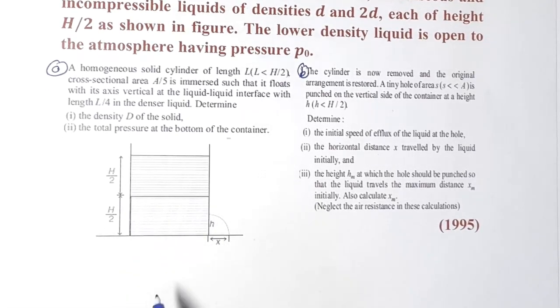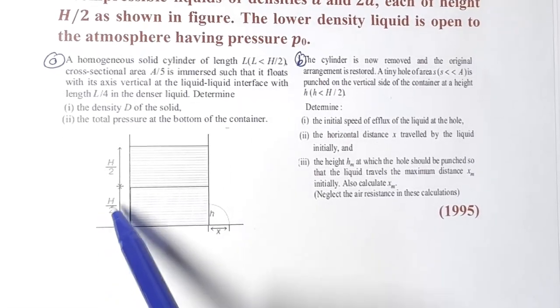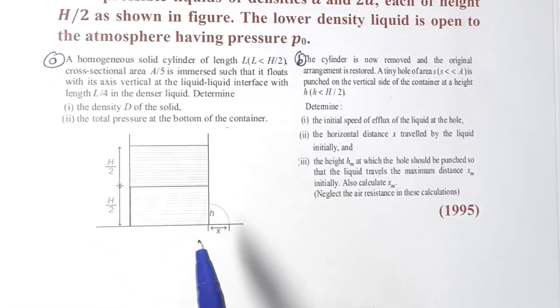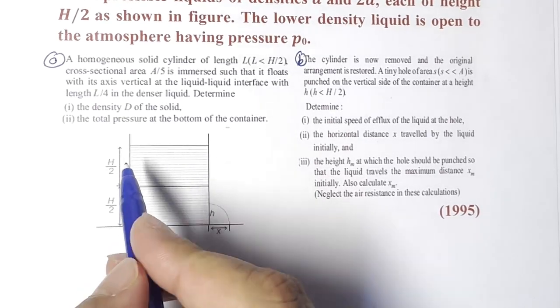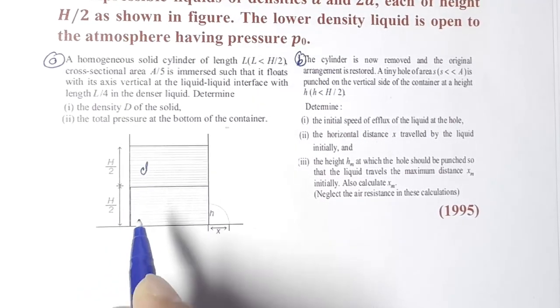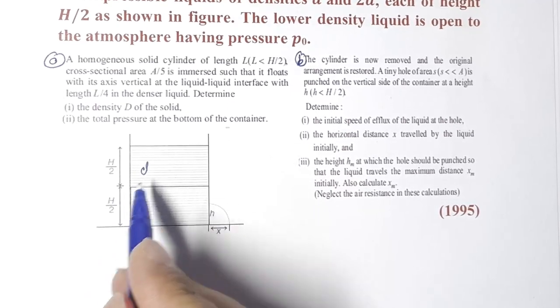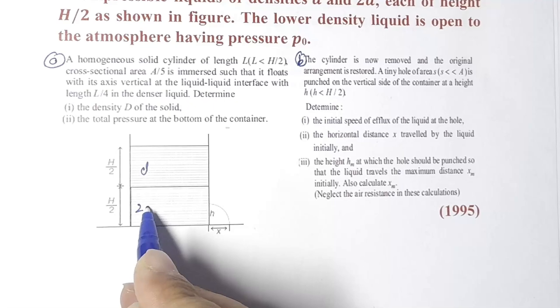So this is the basic figure. Each liquid has a height of h by 2 and we have two densities D and 2D. So this will be our dense liquid having a density D, and lower one will be 2D.